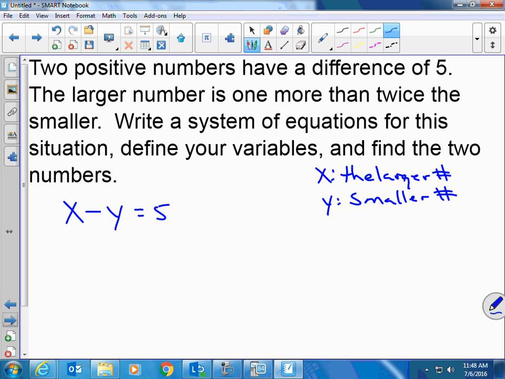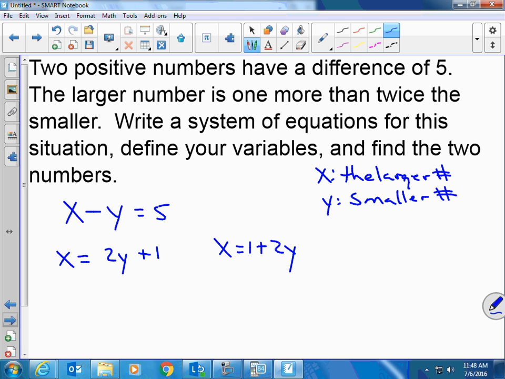So back to second sentence. The larger number, x, is 1 more than twice the smaller. Notice the order in which I wrote that down. I didn't say x is 1 more than twice the larger number, the smaller number, although that is technically correct.